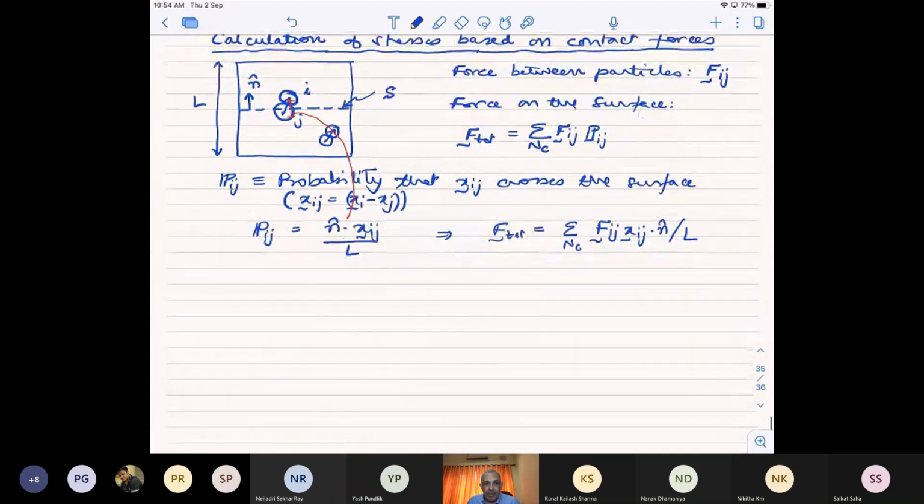And so this is the force. So what is the stress? The stress vector on the surface is nothing but F total divided by the area, which we will put as L squared.